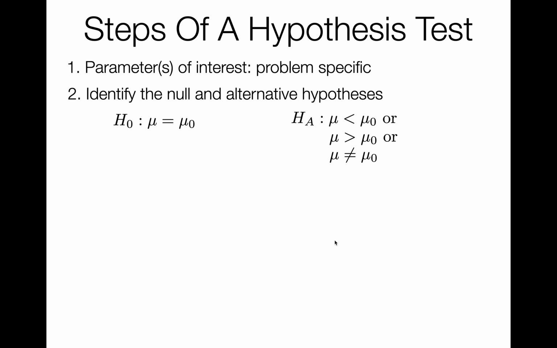So if it's less than, and I think something has decreased, then you're going to choose less than. Same with increased. When the problem doesn't imply a direction, I think something has changed, or I think something is different, but I don't say which way it's changed or which way it's different, then you choose not equal to. Okay, so those are the hypotheses.